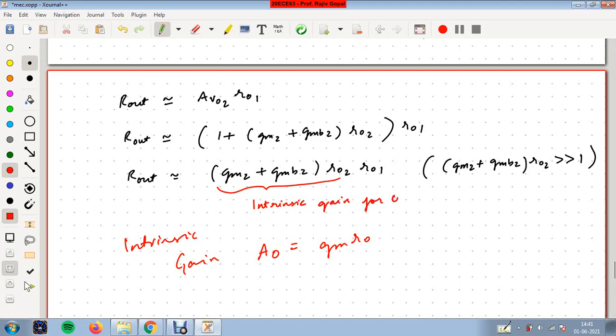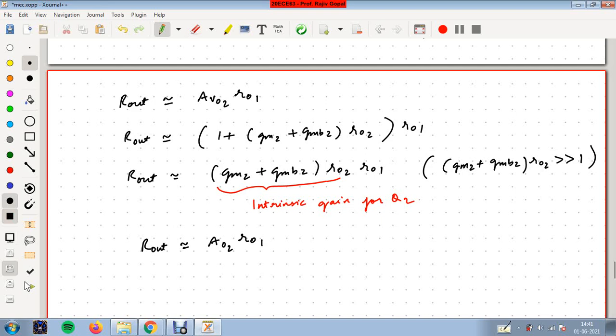So I'll write R out as A naught 2 into R naught 1.